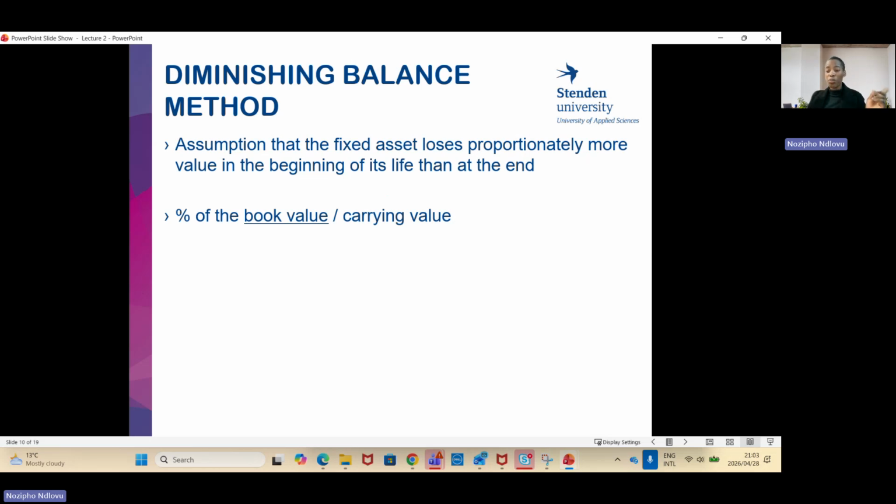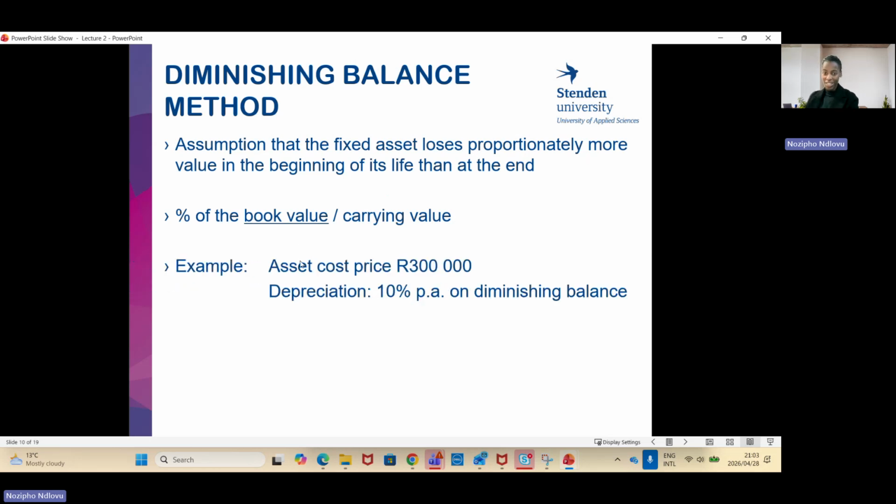Unlike the straight line where we had the same amount depreciating each and every year, when it comes to the diminishing balance method, it changes. Let's look into an example. We have an asset that costs 300,000 and the depreciation is 10% per annum on a diminishing balance.